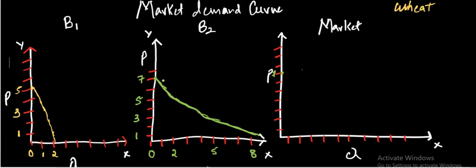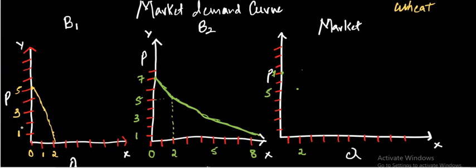However, when the price turned out to be 5, buyer 1 was not willing to buy anything. However, buyer 2 was willing to buy 2 units. So in this case, when the price is 5, the demand in the market is going to be 2, which is going to be plotted over here.